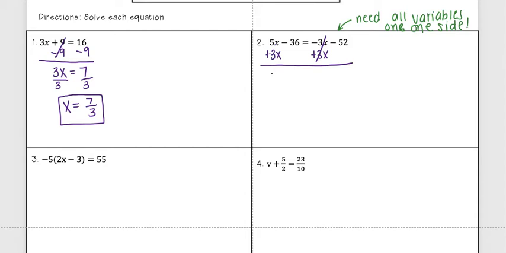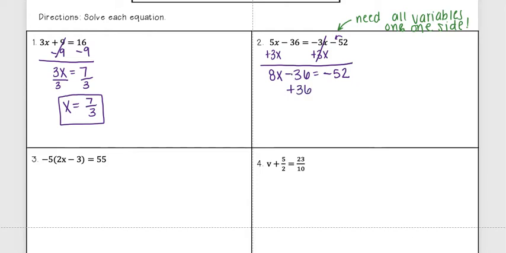So 5x plus 3x, I get 8x. My minus 36 just moves down. And now all I'm left with on this side is that negative 52. And remember, whatever operation's in front of it, it sticks with it. So that minus still stays with it. And now I have what I had over here. I first want to move whatever's being added or subtracted. So I'm going to move this 36.